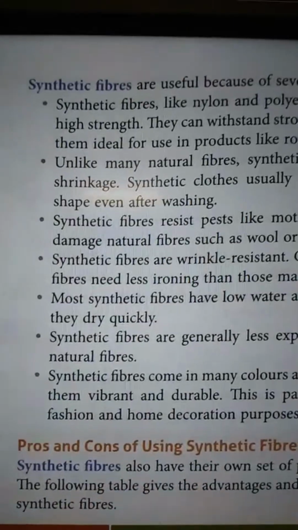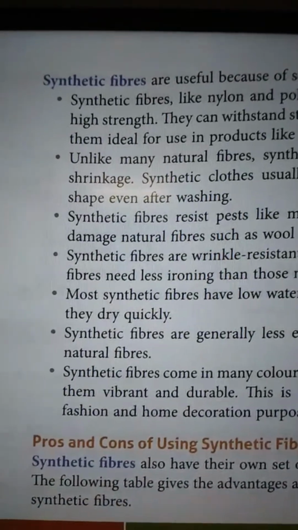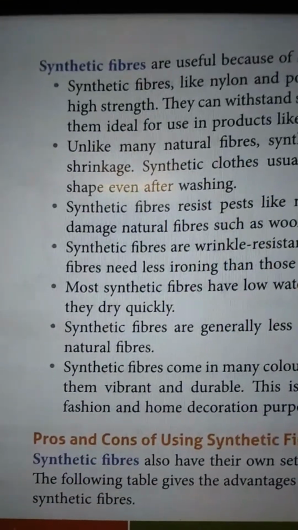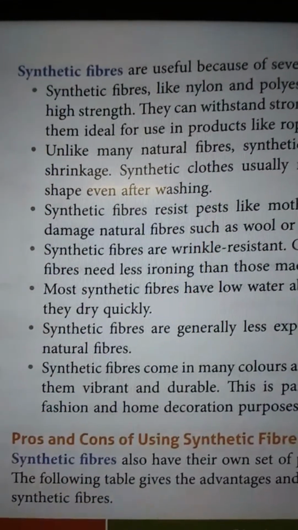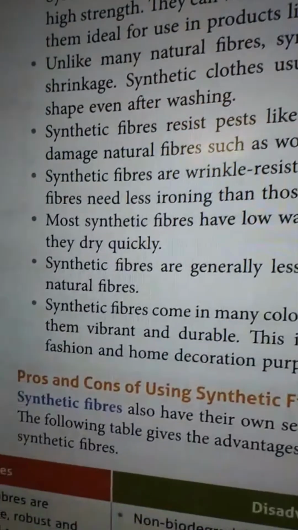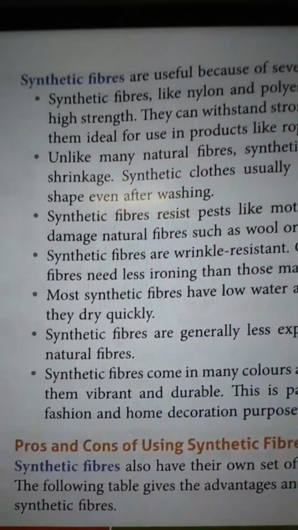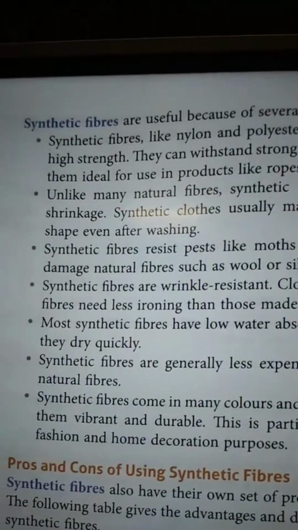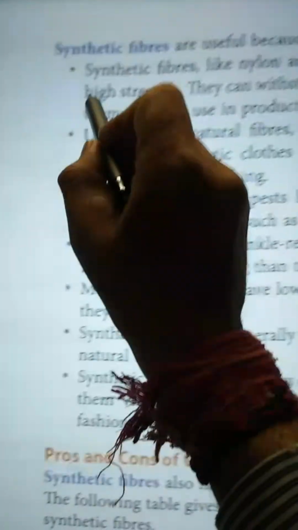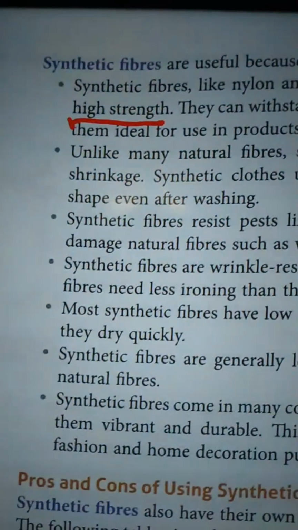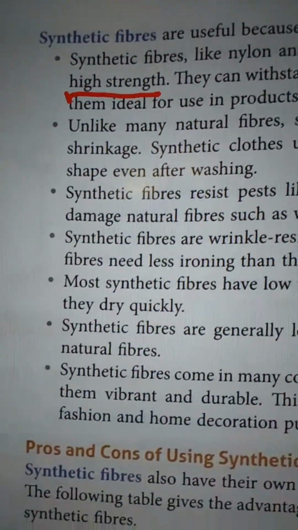Why do we use synthetic fibers? So synthetic fibers are useful. Why are they useful? Synthetic fibers are useful because of several characteristics. The uses of the different synthetic fibers which we have read are all here. The first property is high strength.